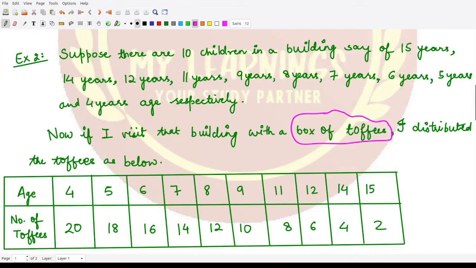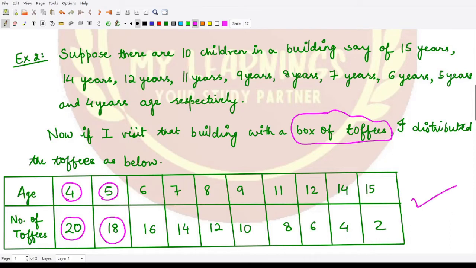To the child whose age is 4, let us suppose I have given 20 toffees, and to the child who is 5 years old, 18 toffees, to the 6 year old 16, to 7 years 14 toffees, to 8 years 12 toffees, to 9 years 10 toffees, to 11 years 8 toffees, to 12 years 6 toffees, to 14 years 4 toffees, and to 15 years 2 toffees respectively.